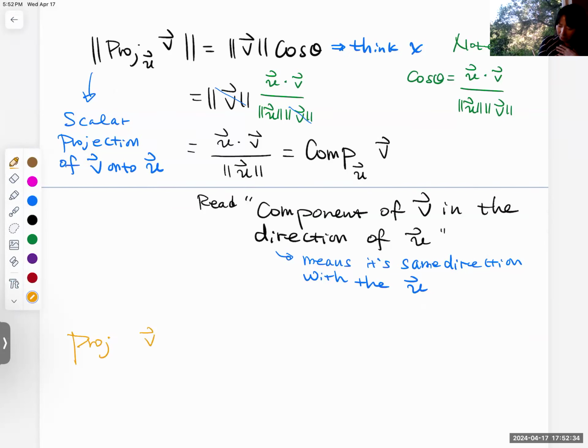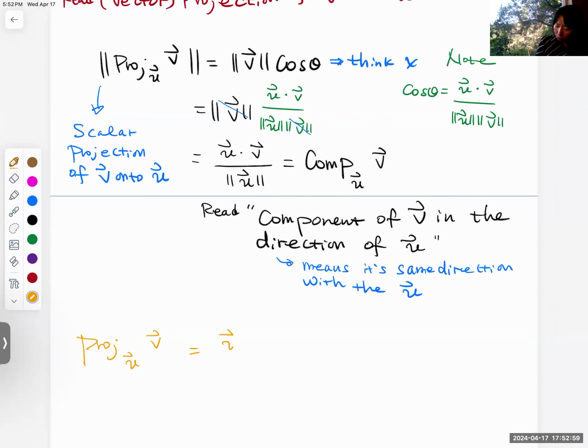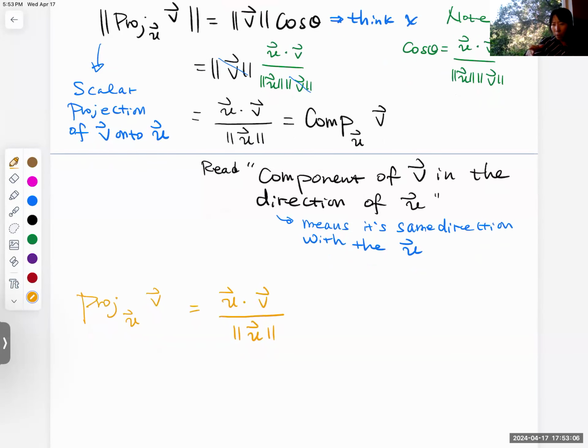The projection of a vector V onto U. This is the formula. We have this one, but this one is the magnitude of that, so we cannot just use it by itself because it is not complete. We have this one and we multiply it by a unit vector.